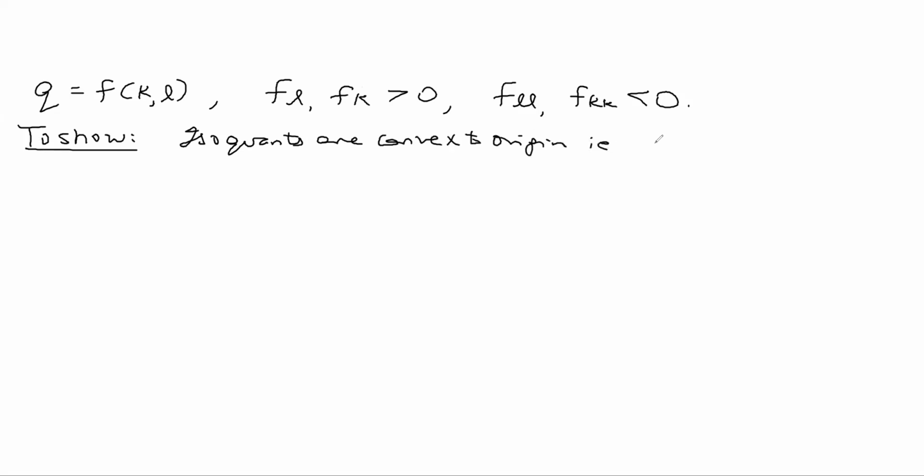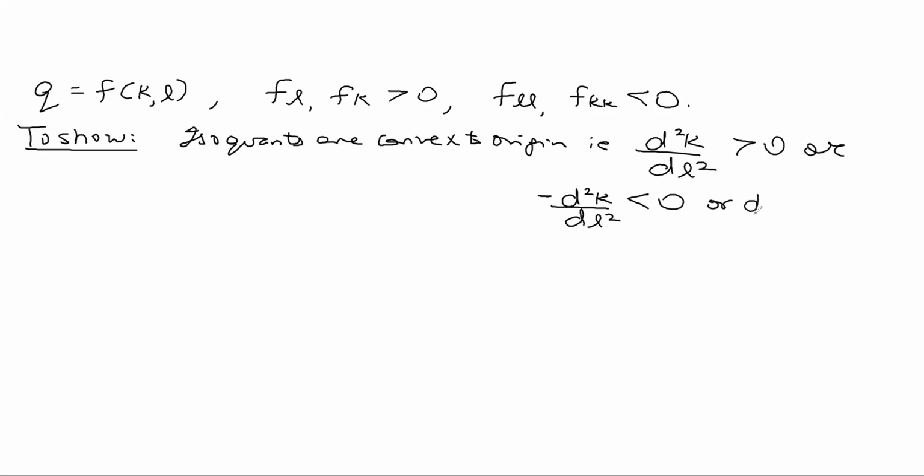That means we need to show that d square k by dl square is positive, or another way of showing it is that minus of d square k by dl square is negative. Now minus d square k by dl square I can write as d by dl of d rts by dl. So basically we need to show that d rts by dl is negative.